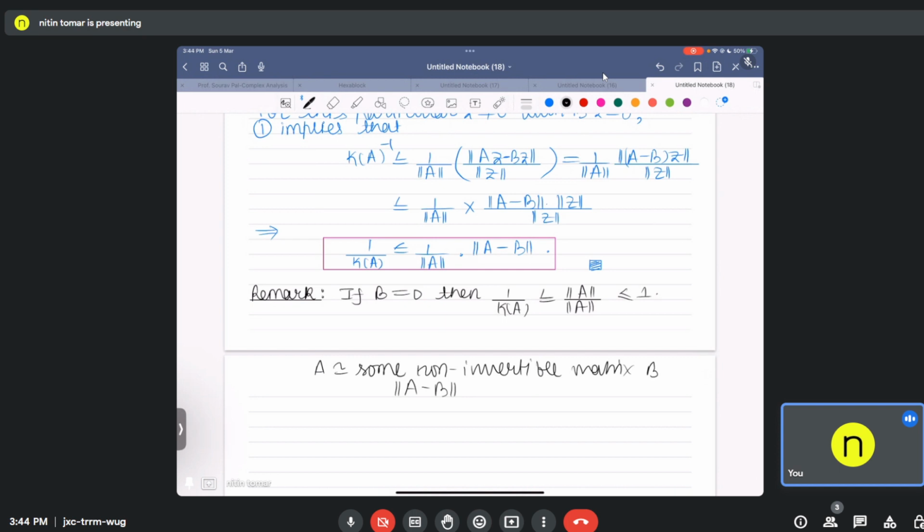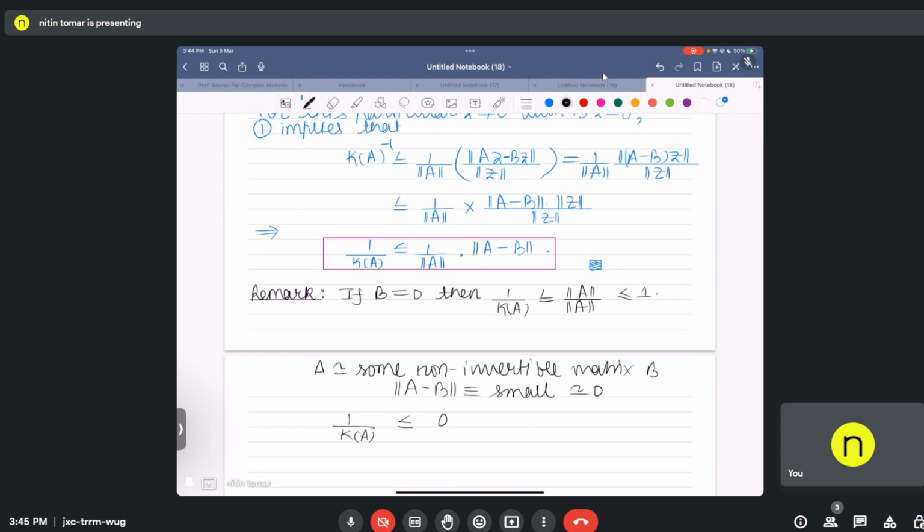Am I correct? So, let's say very close means approximately equal to 0. Then what can you say about 1 upon kappa A? It will be approximately equal to 0. Yes?